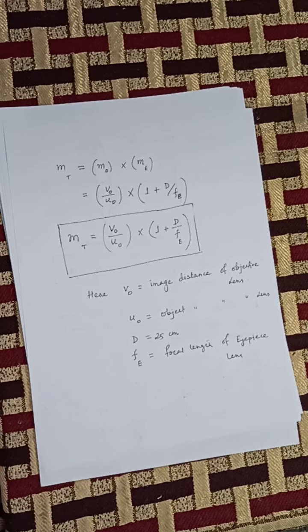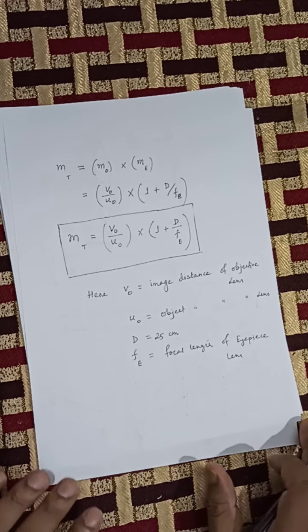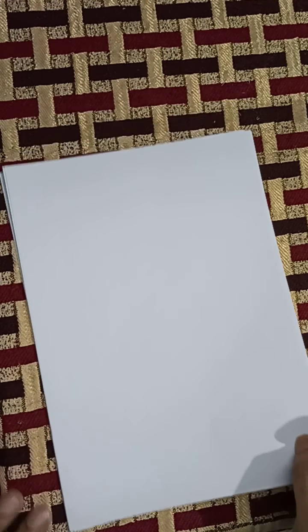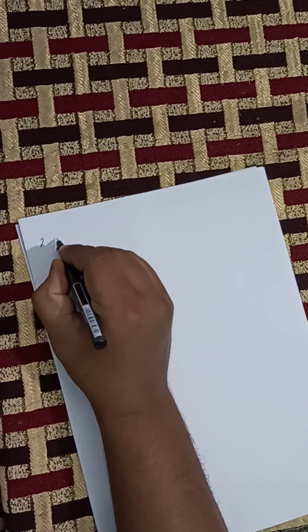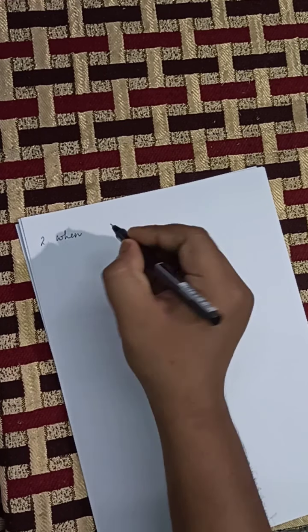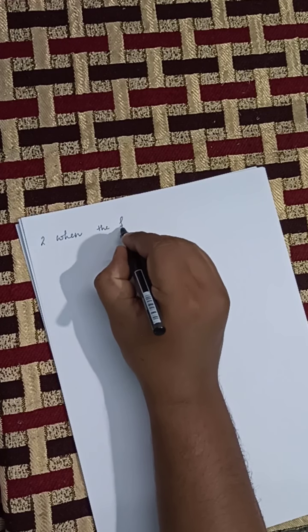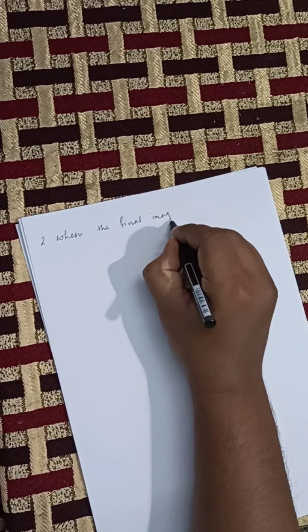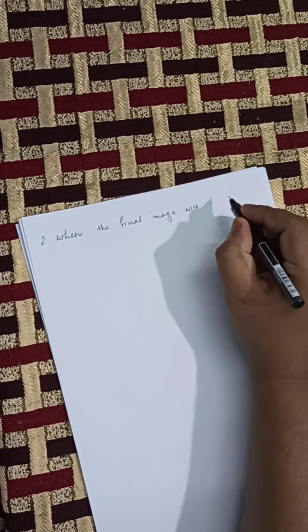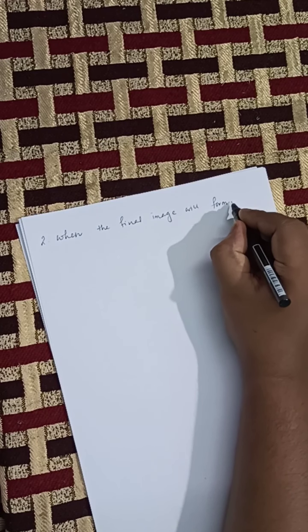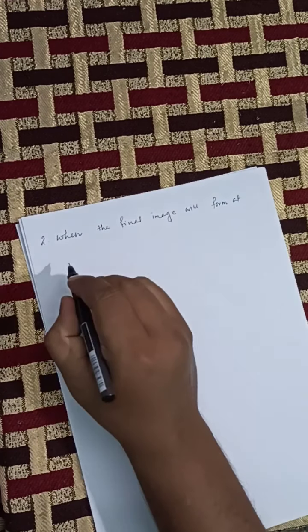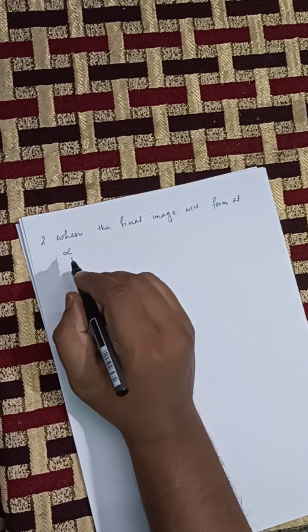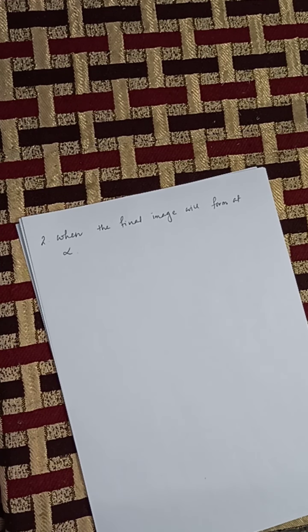Now if we consider the second position, okay, the second position means क्या हो जाएगा, when the final image will form at infinity, okay.